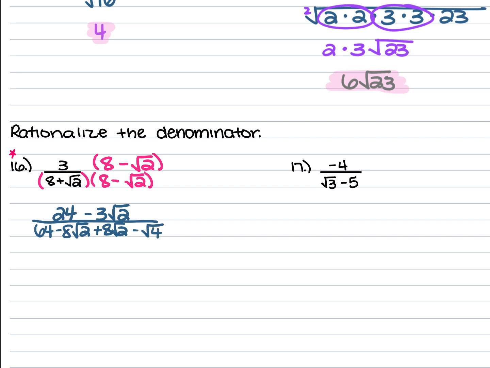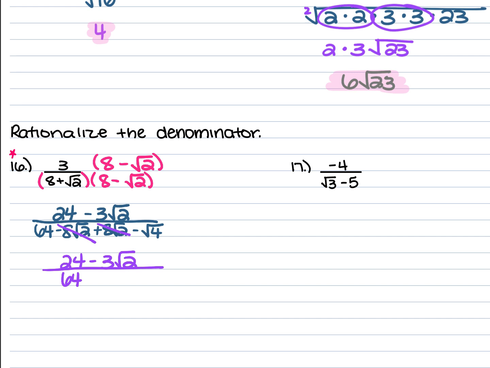Simplify what you have. The 24 minus 3 square root 2, keep it 24 minus 3 square root 2. You can't do anything with it. On the bottom, the 64 is going to stay. The 8 square root 2 and the negative 8 square root 2 are opposites, so they cancel. That's the whole idea with this, is to cancel out the radical in the denominator if you are rationalizing the denominators.